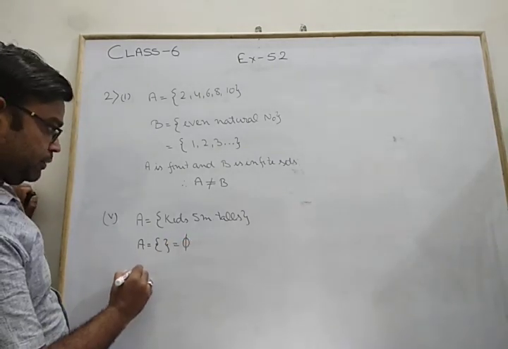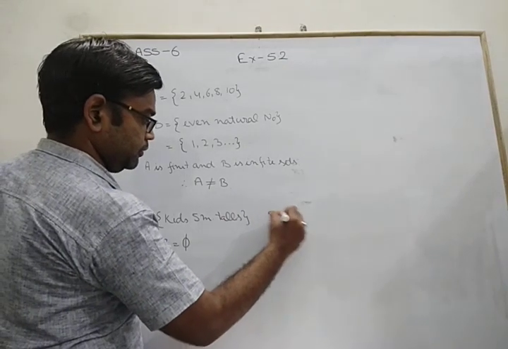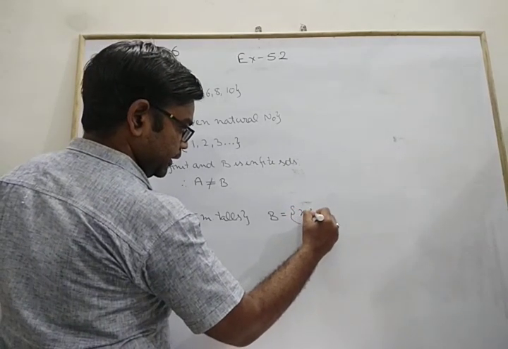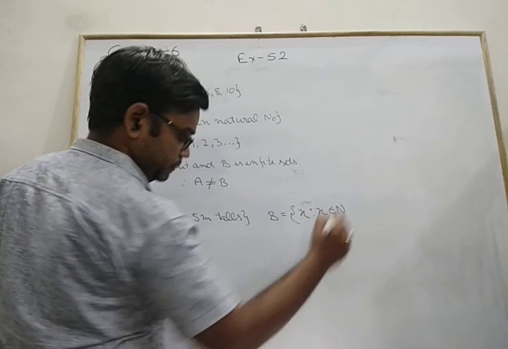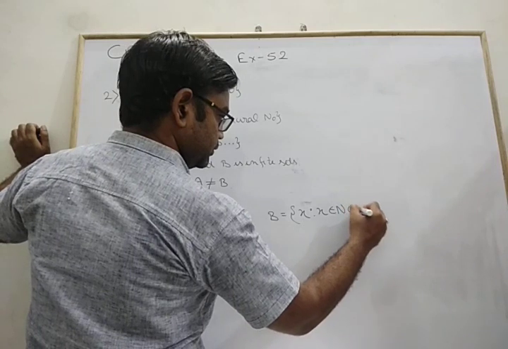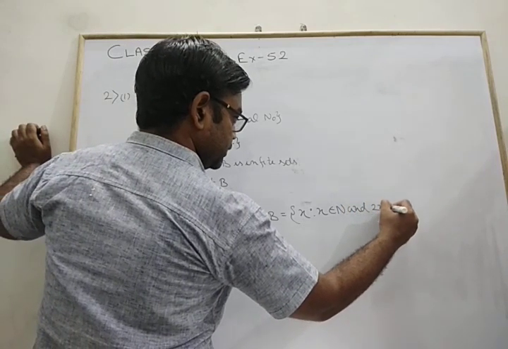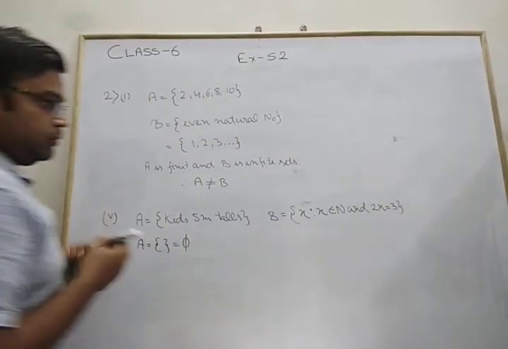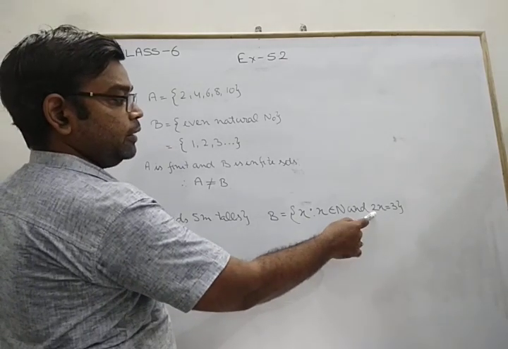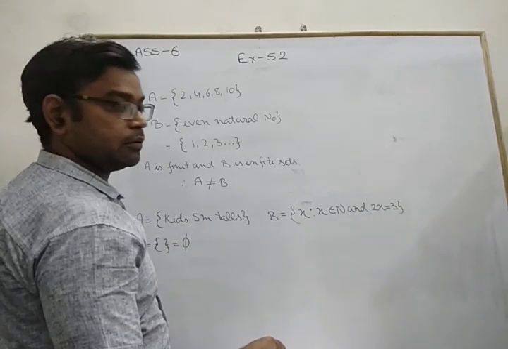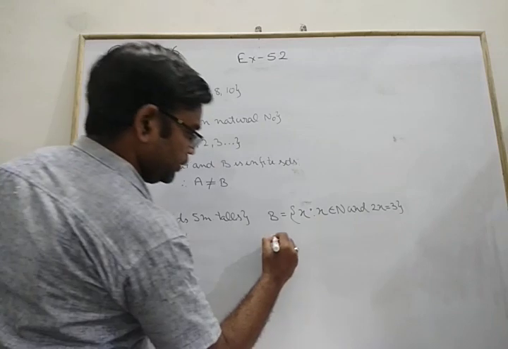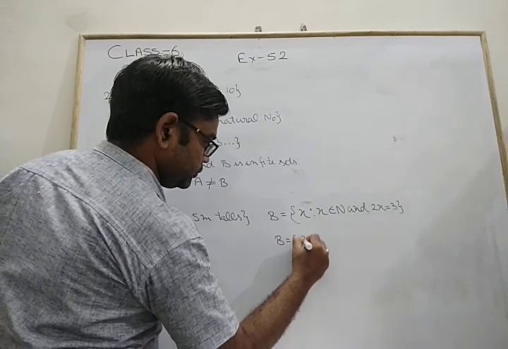And see about B, I am writing B equals, it says x such that x belongs to natural numbers and 2x equals 3. From this we can easily conclude that a multiple of 2 is never an odd number. It means B equals the null set.